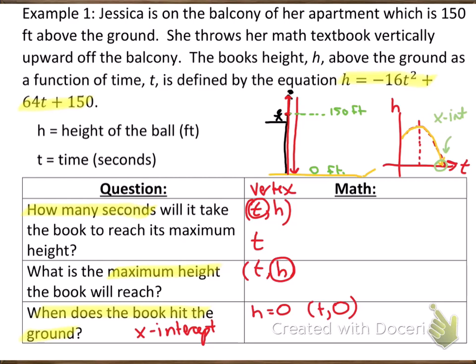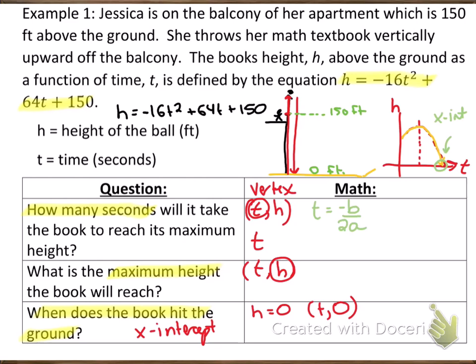Okay, so let's go back and see if we can remember how to find the vertex, right? So the vertex, if you recall, is the equation negative b over 2a. And if you're like, well, what's a and b? Well, to figure that out, we need to go back to our original equation. So our original equation is h equals negative 16t squared plus 64t plus 150.